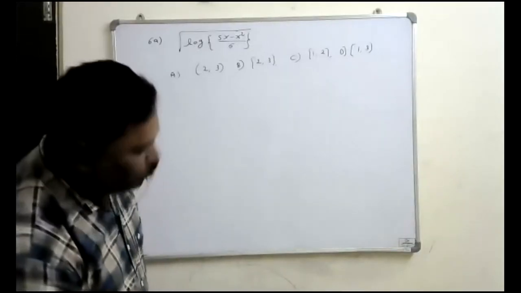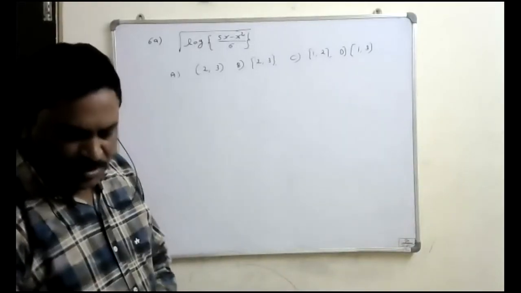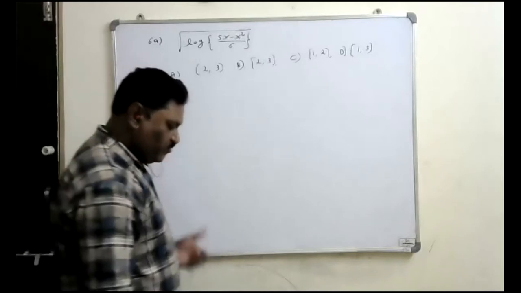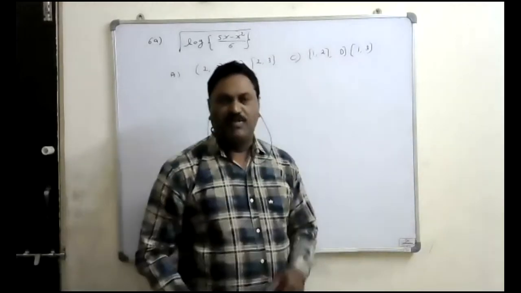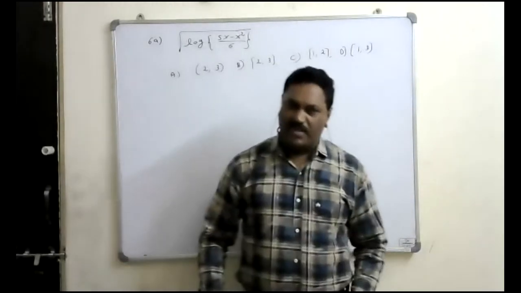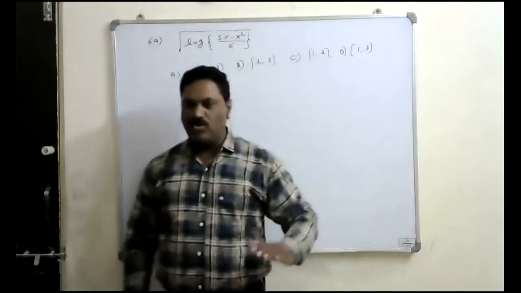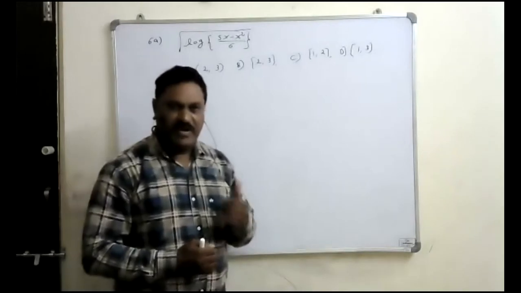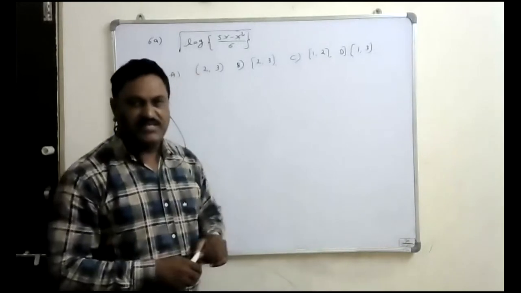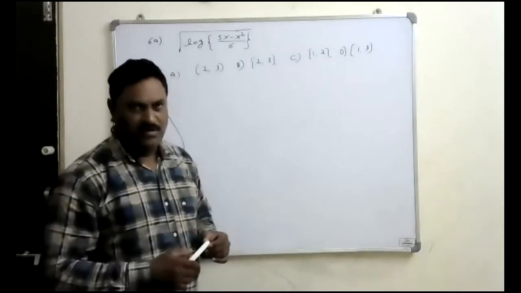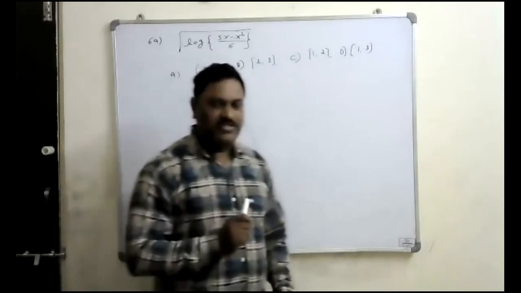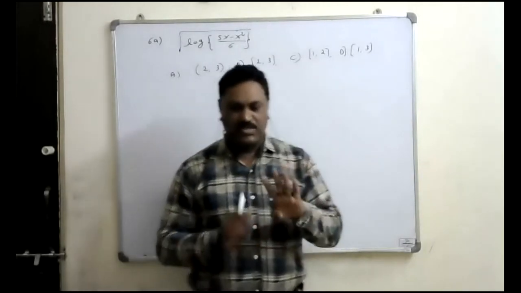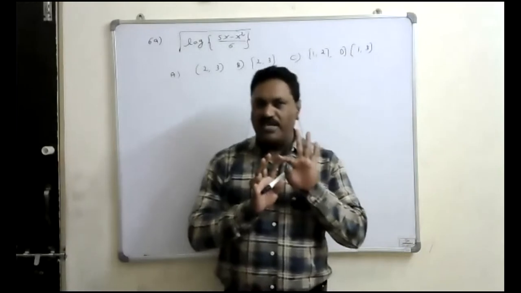To find the domain of any function, one way is that we take the condition, and from that condition we find the values of x. That is the regular method. Or there is one more method for finding the domain, called the elimination method. Since it is an objective examination, out of the 4 options exactly one option is correct.